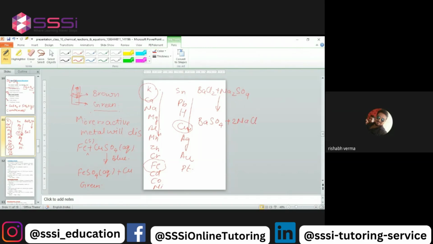So here sodium displaces barium from its solution and barium displaces sodium from sodium sulfate to give barium sulfate plus sodium chloride. Okay, ma'am. Here two solutions are mixed and the cation of each solution will displace each other's anion.